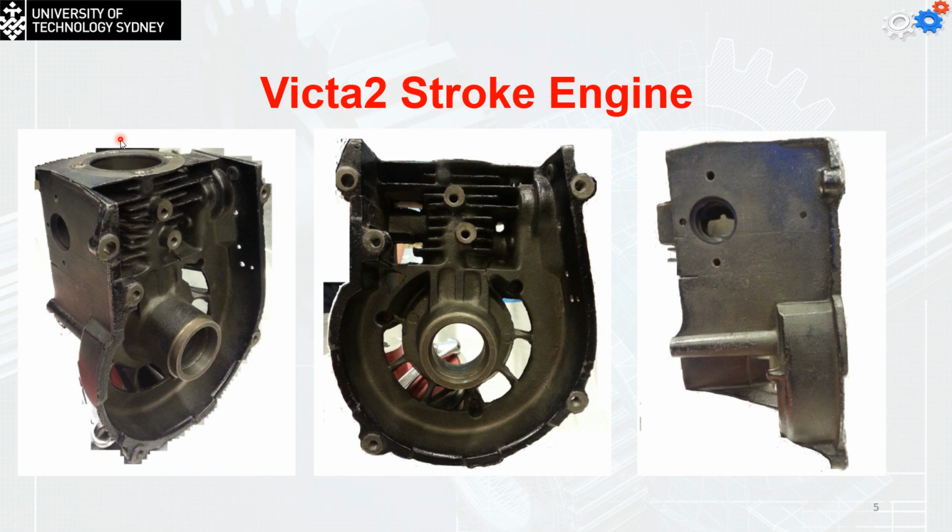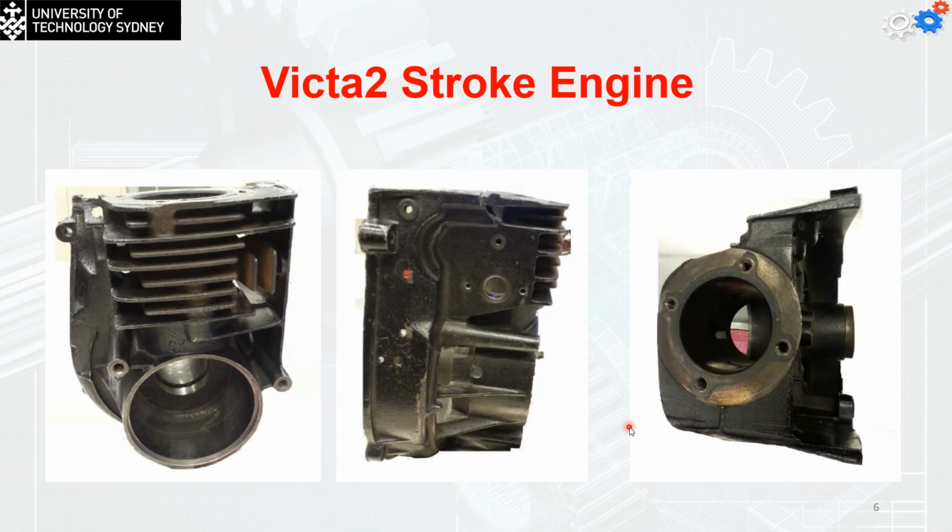The piston will be moving inside and outside the cylinder part. These fans are meant to provide the cooling operation for the engine block, especially because this engine block is air cooled. That means it's not going to have a water cooling system like the ordinary cars we have.